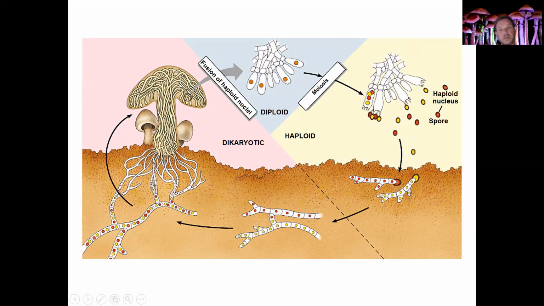Toadstool typically is a poisonous mushroom. And then the diploid condition undergoes meiosis to produce the haploid spores, completing the life cycle.